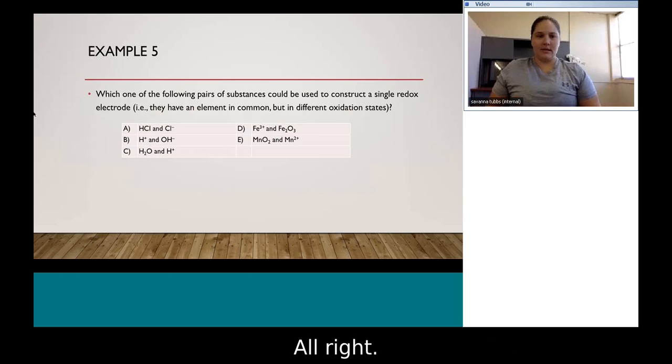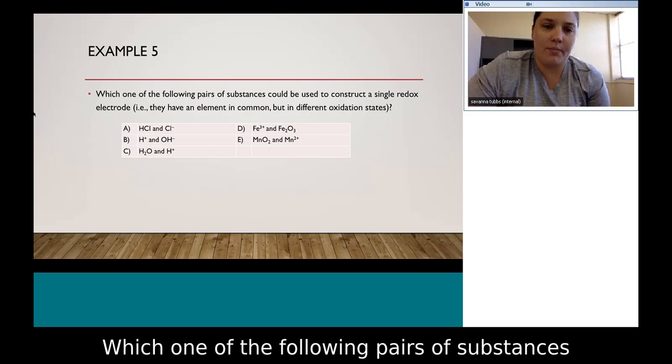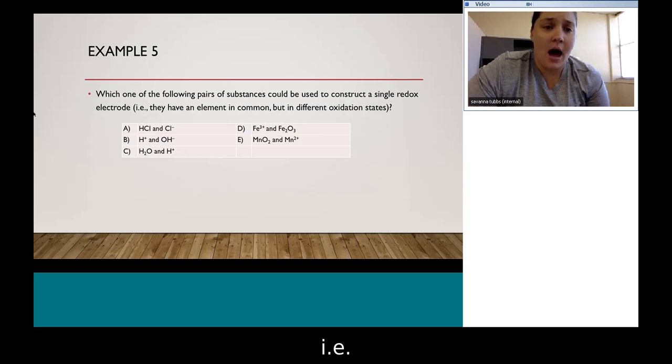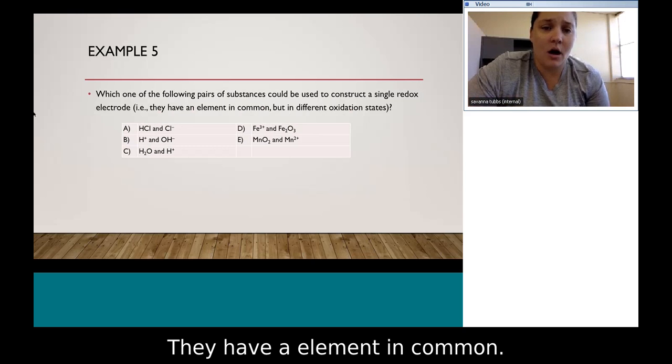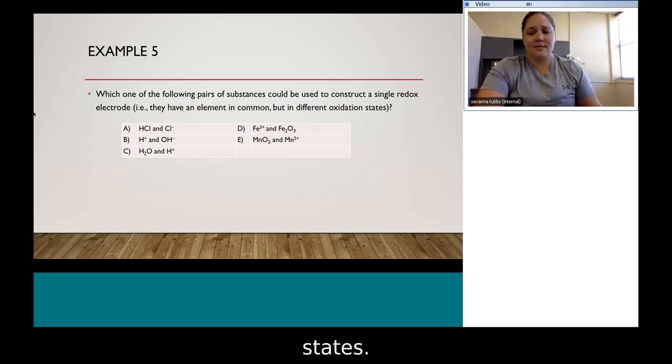All right, number 5. Which one of the following pairs of substances could be used to construct a single redox electrolyte, i.e., they have an element in common, so the elements have to be in common, but different oxidation states. So let's look.